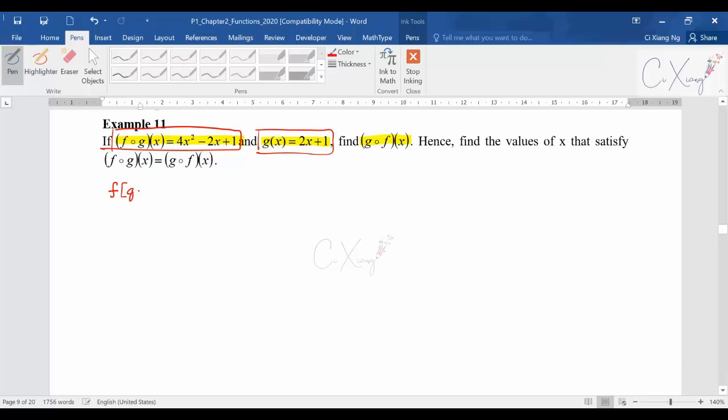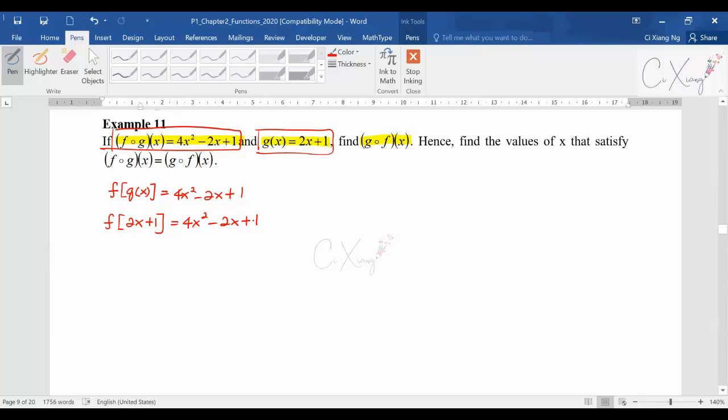f(g(x)) is equal to 4x squared minus 2x plus 1. What is your g(x) here? So your g(x) is 2x plus 1, right? So I'm having 2x plus 1 equals to 4x squared minus 2x plus 1.